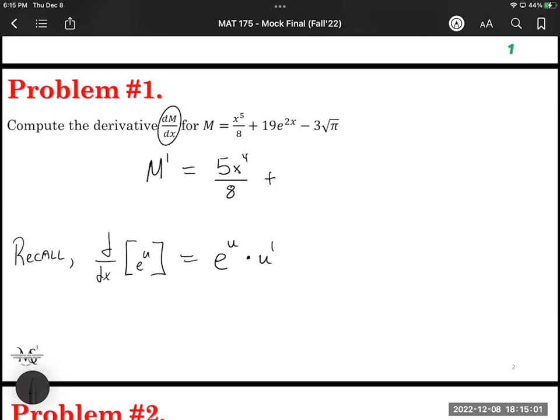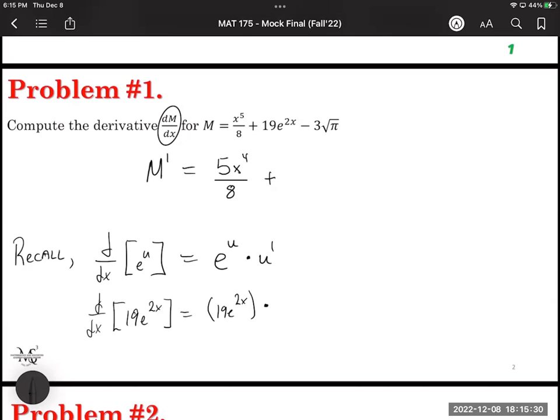So if I wanted to find my derivative with respect to x of 19e to the 2x, then by the chain rule, what would be my u? 2x. So we're going to have the original function, 19e to the 2x, times the derivative of 2x.